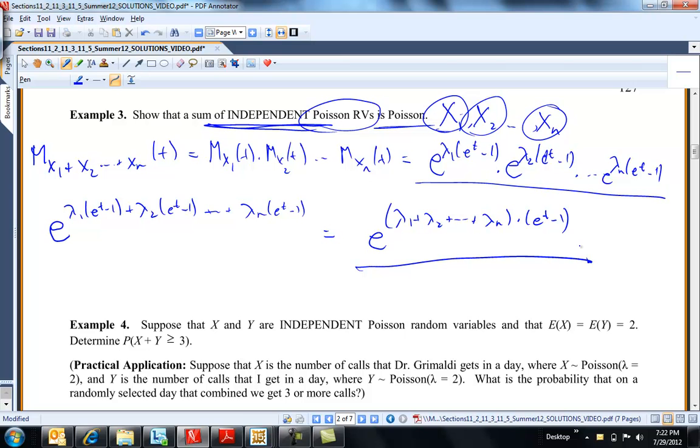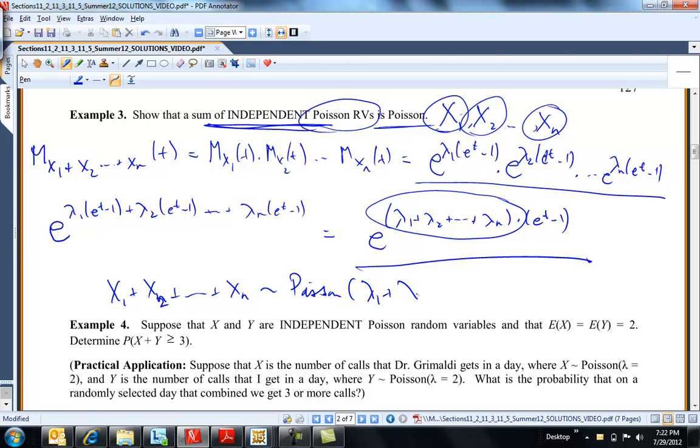And this is the moment generating function of a Poisson, where this is the new parameter. So X1 plus X2 plus Xn is Poisson with parameter lambda 1 plus lambda 2 plus lambda n. That's a very nice result.